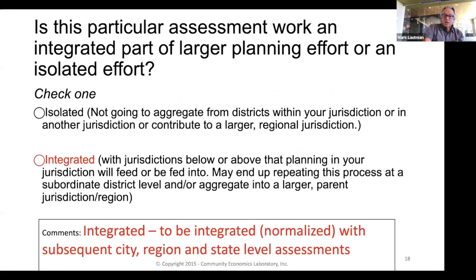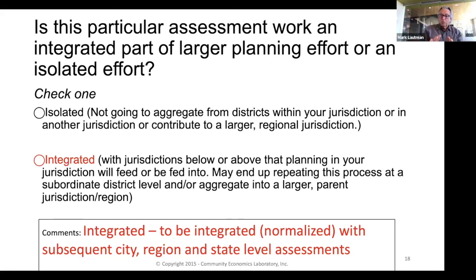Is this particular assessment integrated as part of a larger planning effort, or going to be the top of a hierarchy of a larger one? And that means, is the state going to try to get all 33 counties in the state to go through this and roll it up into a regional program, regional assessment, and then a state assessment?